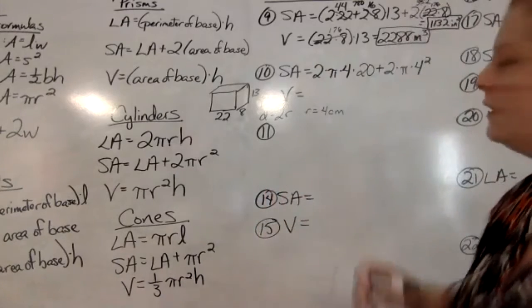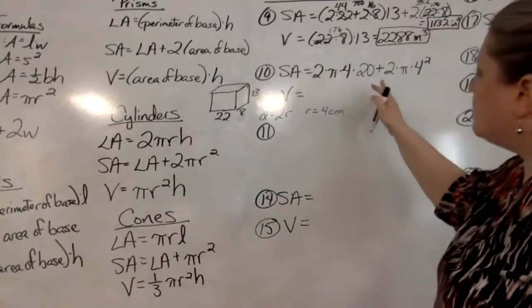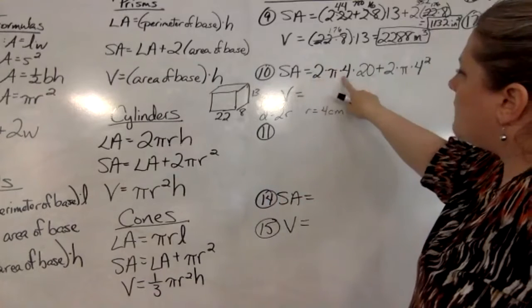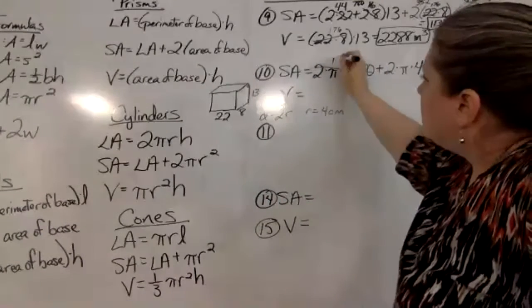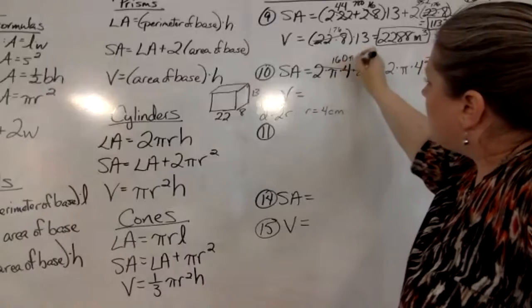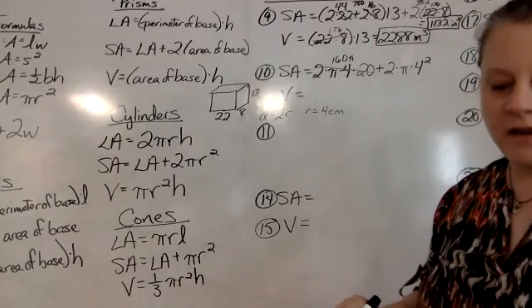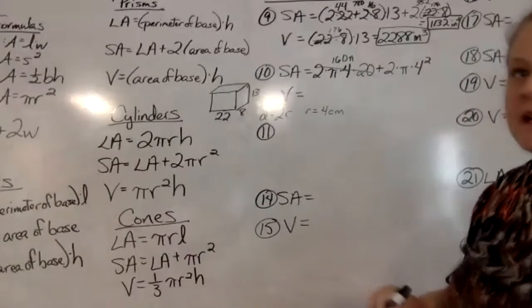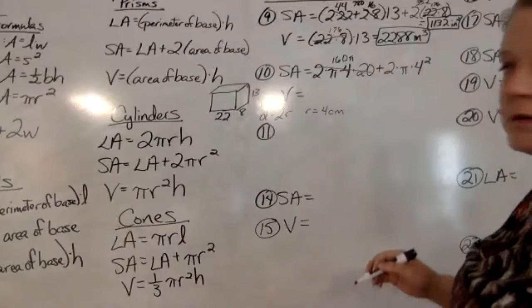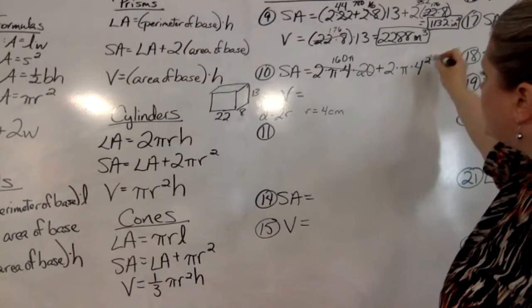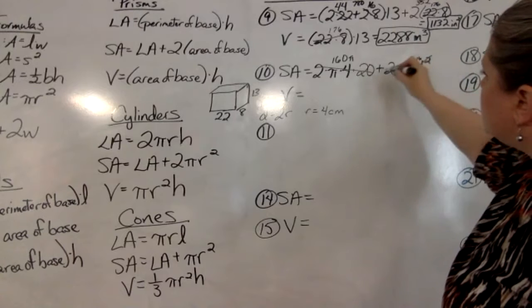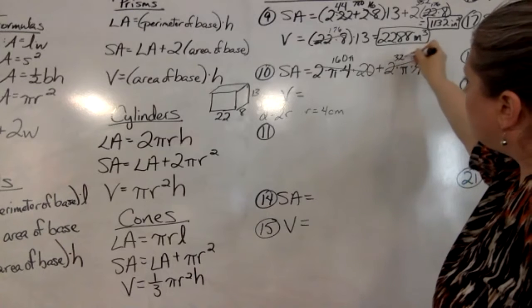Okay, so when I go to do that, this is what we're working with. We simplify what we can. 2 times 4 is 8. 8 times 20 is 160. So I have 160 pi for the lateral area, the first part. Then for the area of my two circles, I have 2 times pi times the radius squared. 4 squared is 16. 16 times 2 is 32.